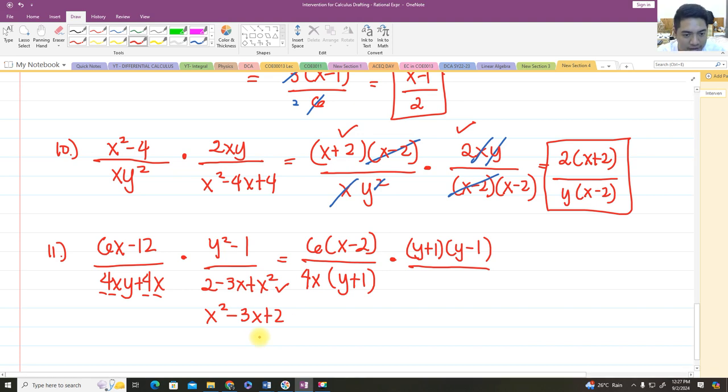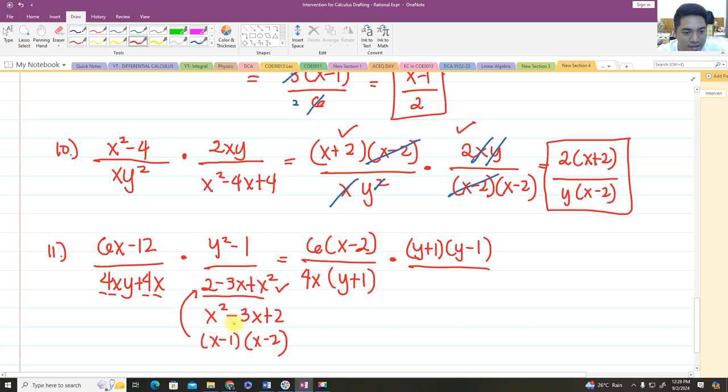So now you're going to factor this given. If you factor this, we have x minus 1 and then x minus 2. But since it is written in reverse, we can clearly say that we can write 2 minus x and 1 minus x.